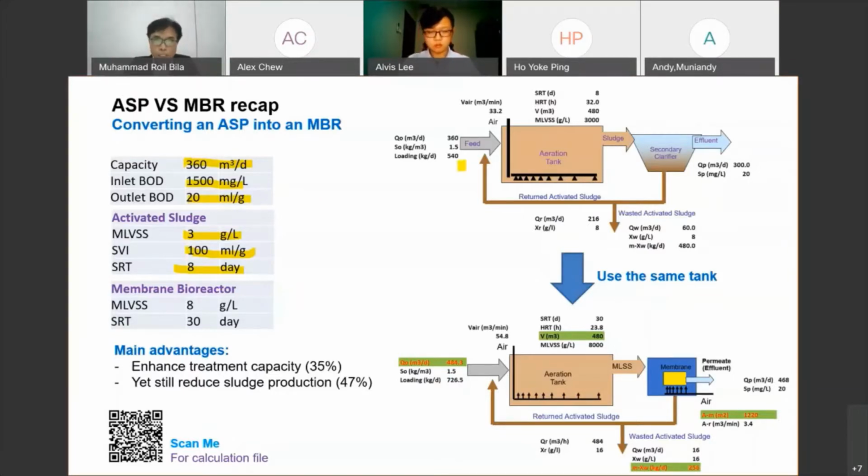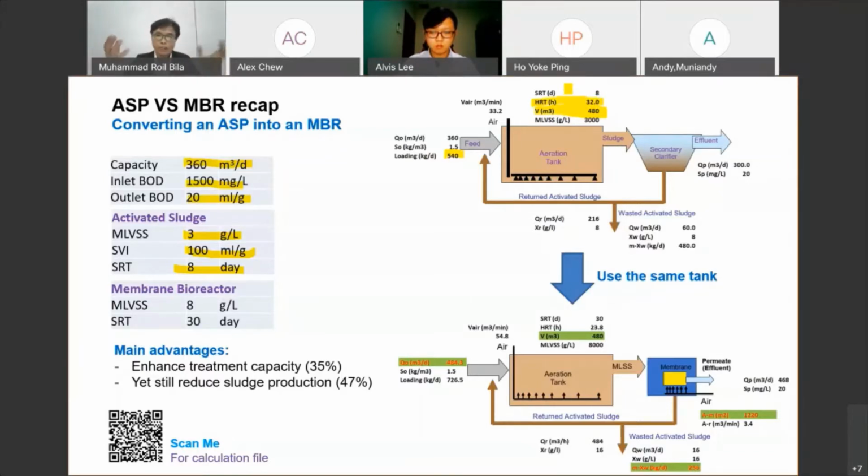So as you can see here, we have a loading of around 550 kilogram BOD per day based on these properties. And then I have to run the reactor at 400, so the reactor needs to have a volume of 450 cubic meter. So this is the HRT, and the SRT is like what I said.